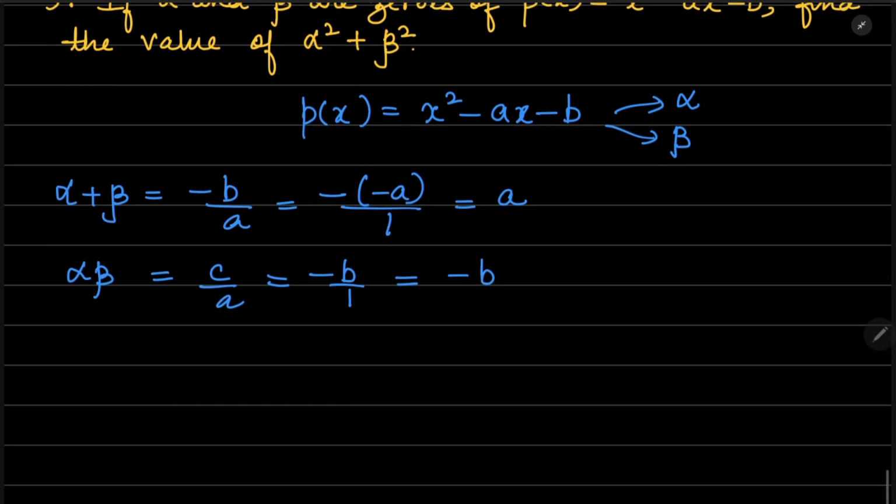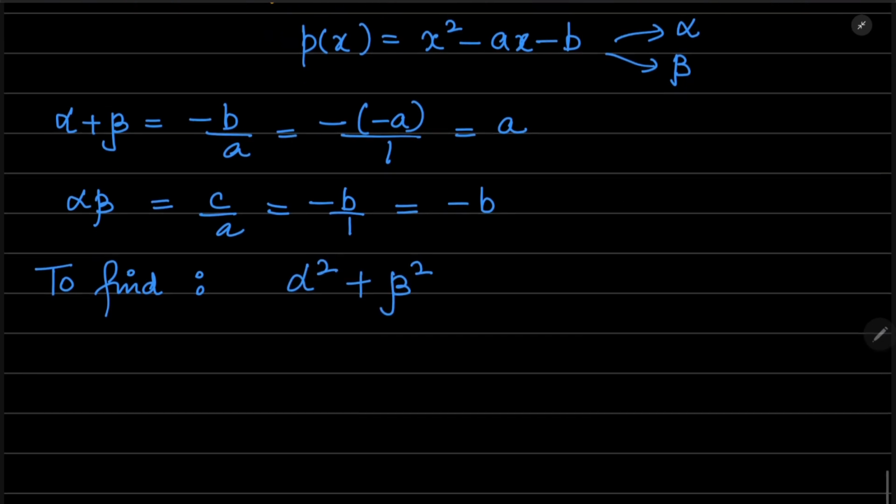Now let us see what you have to find. You have to find alpha square plus beta square. How will you find out? You should know a formula, which is alpha plus beta the whole square, or a plus b the whole square, is equal to a square plus b square plus 2ab, right?